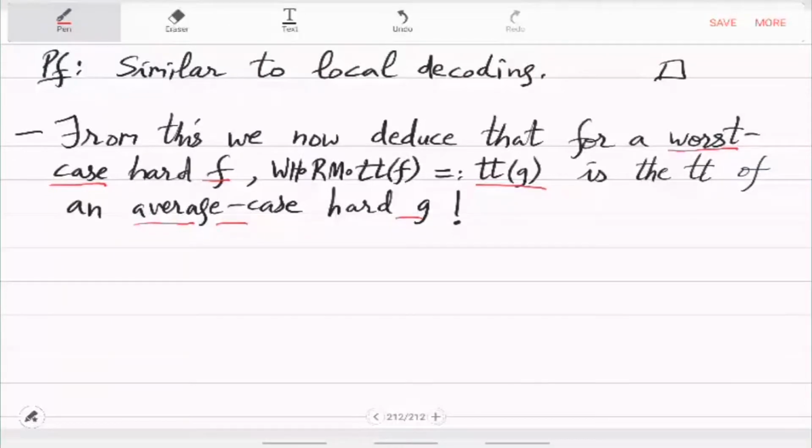And from that corrupted code word, when you apply the local list decoder that we have just built, then you can evaluate f on x. That is the idea.